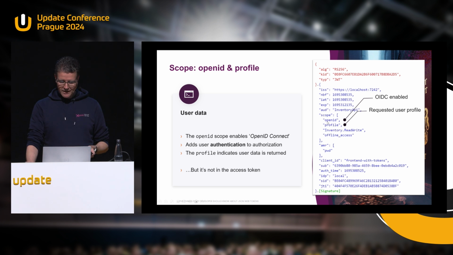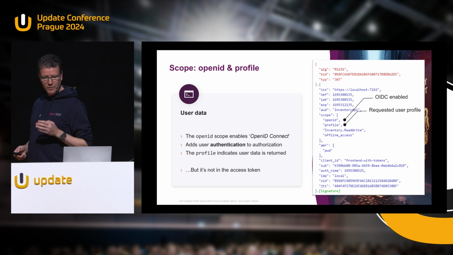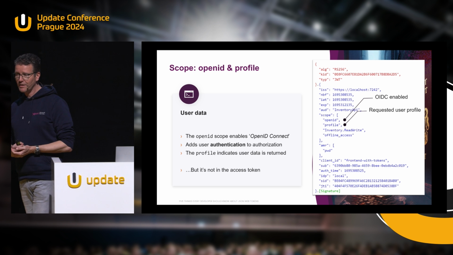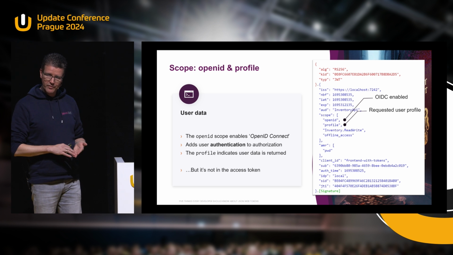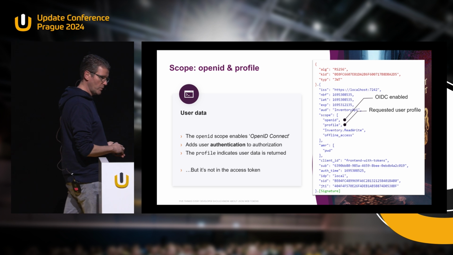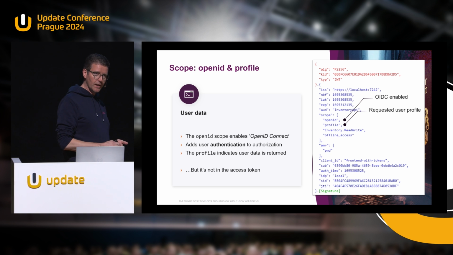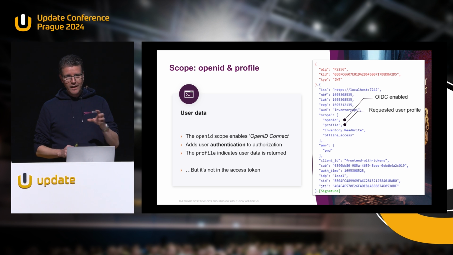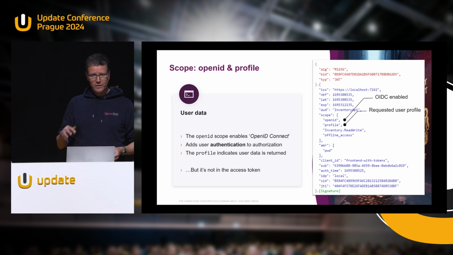The scopes I didn't talk about yet are OpenID and Profile. And it turns out that the first one, OpenID, enables an additional protocol on top of OAuth 2, which is called OpenID Connect.